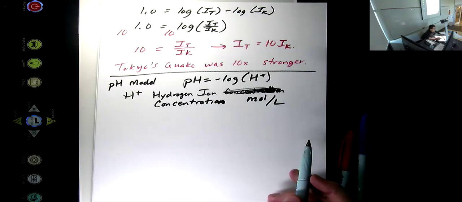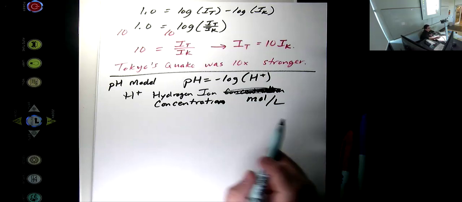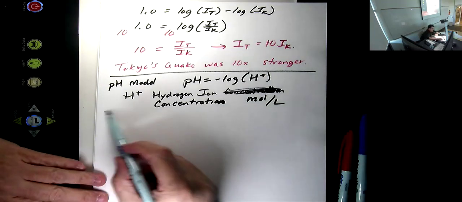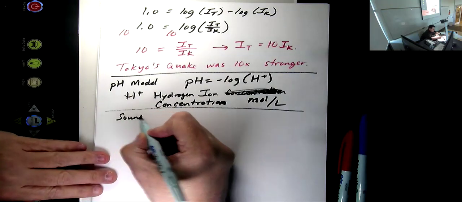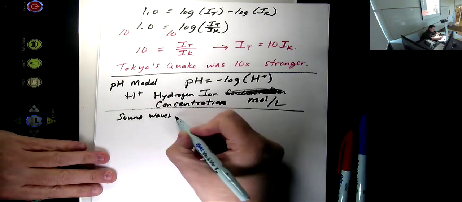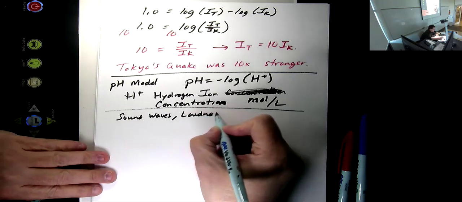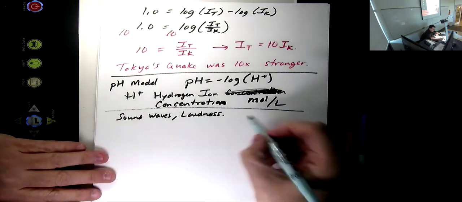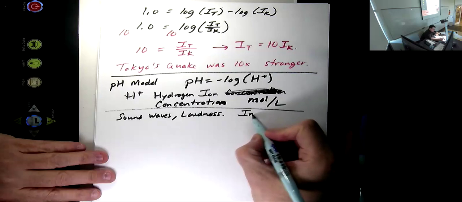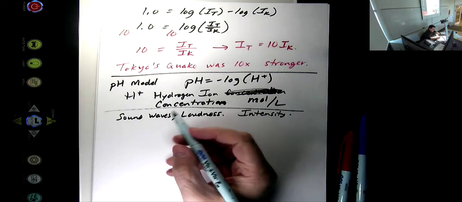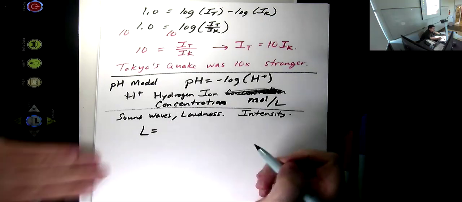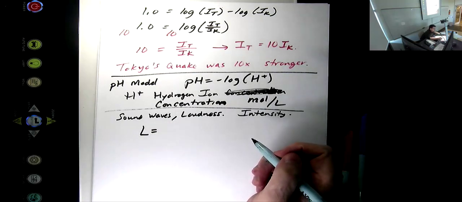A lot of things that travel in waves do this. Earthquake is a wave. It emanates from the center. Something else that travels in waves is sound. So sound waves or loudness, often called sound intensity, and has a similar setup to the magnitude for the Richter one.